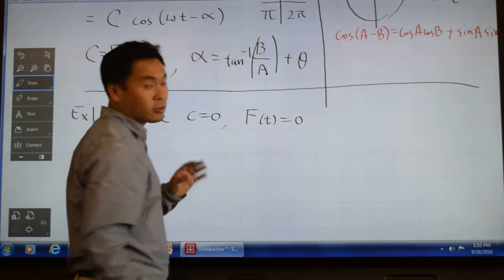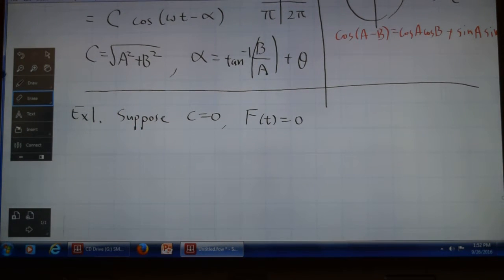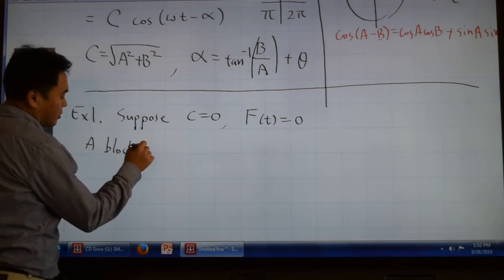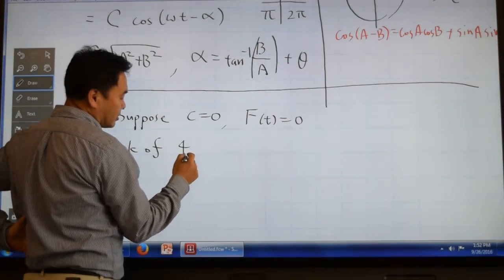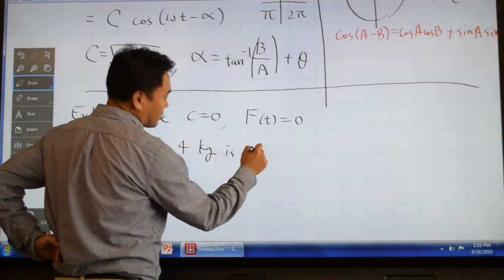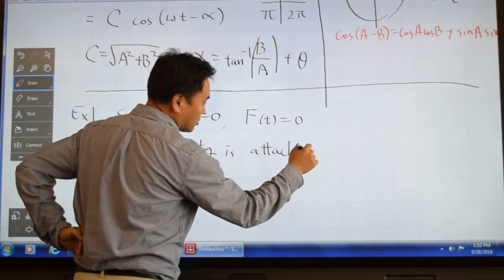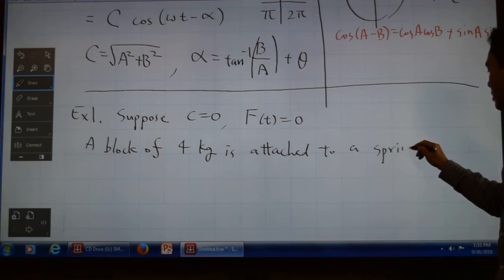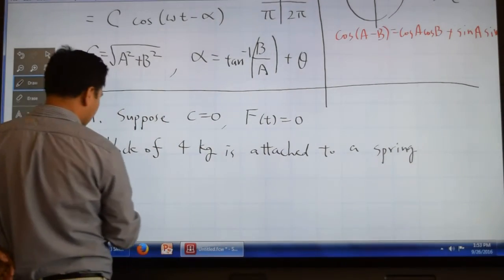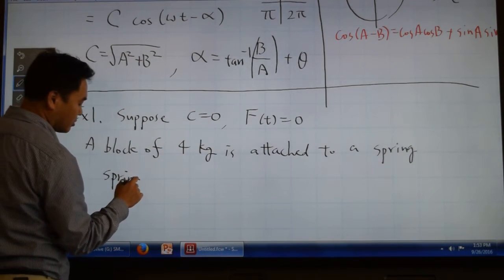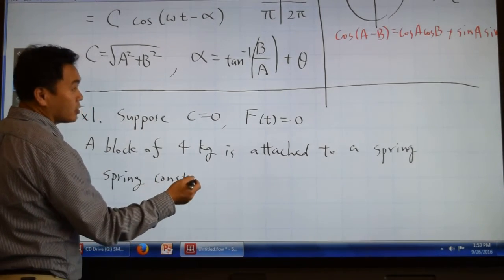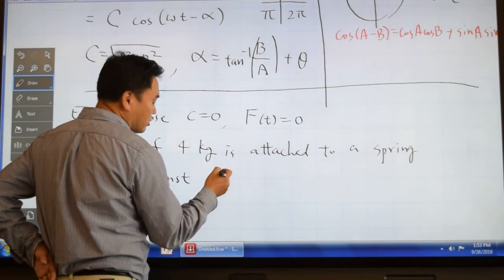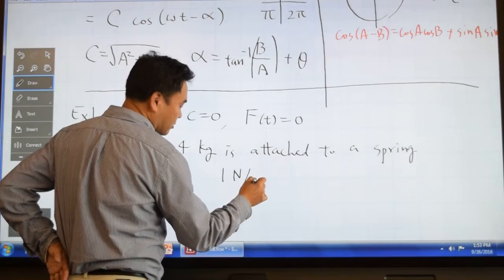So no external force, no damping, and you have a block of 4 kilograms attached to a spring with spring constant, let's see, what's the spring constant? Newton meters, right? 1 Newton per meter.